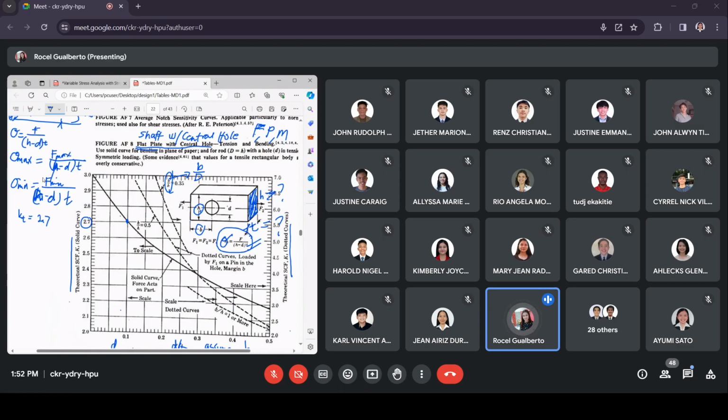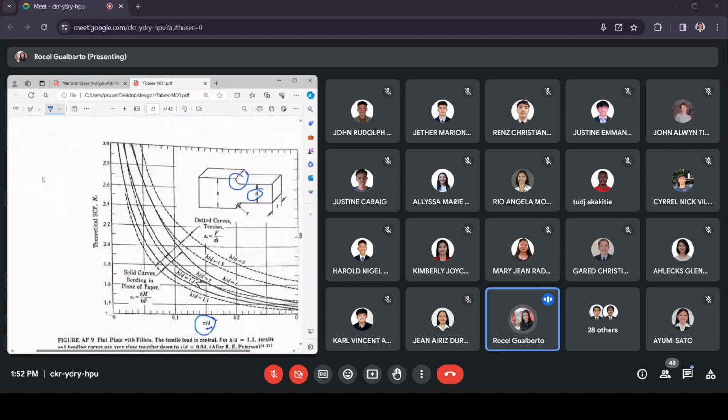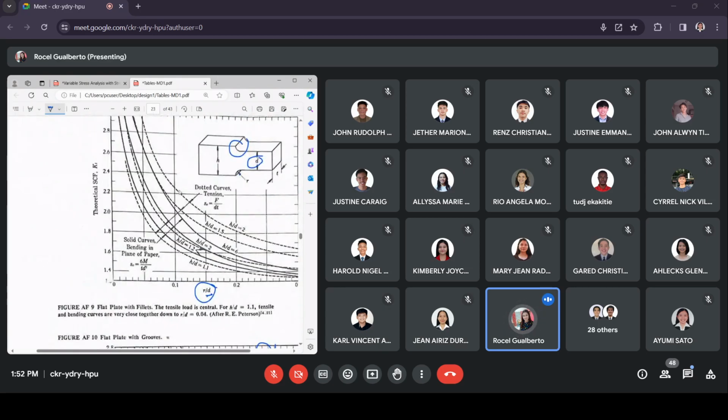So, for other figures po, you can easily see that. Say, for example, this one. If member is in tension, you use this equation. Sigma equal to force over dt. So, if you want sigma maximum, then F max over dt. If you want sigma minimum, F minimum over dt.